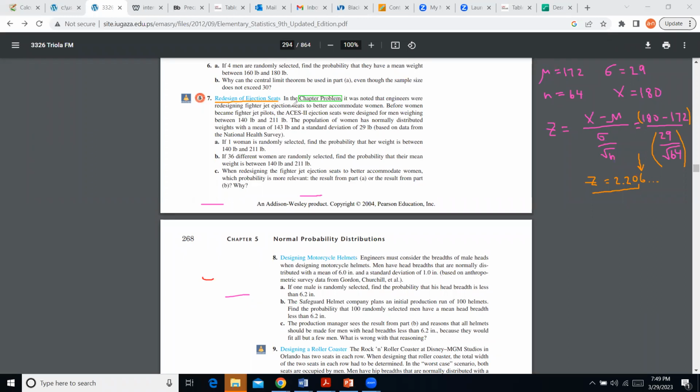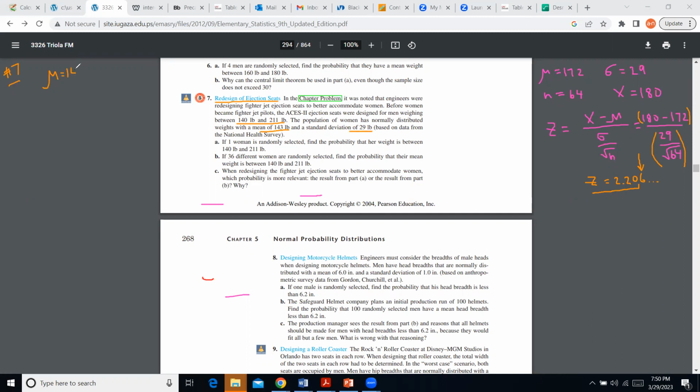They say they used to be designed for men, and now they check to see if these seats are also going to work for women. So the population of women in exercise number 7 has its mean equal to 143 pounds and a standard deviation of 29.